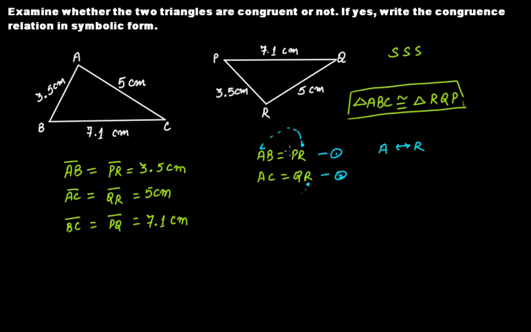Therefore from this one we can say that P and B are corresponding vertices, and from this one Q and C are corresponding vertices.